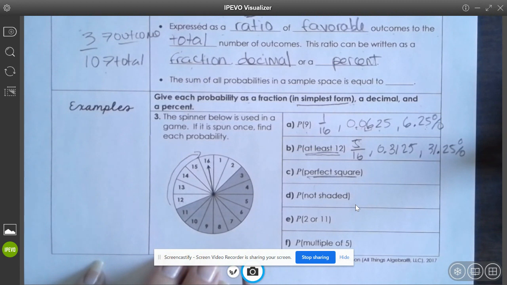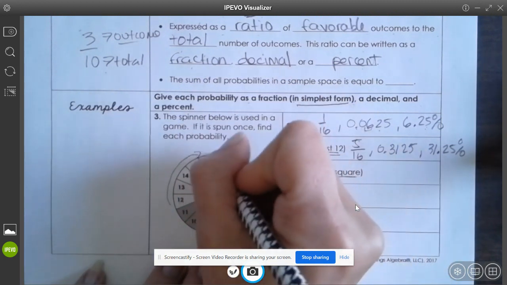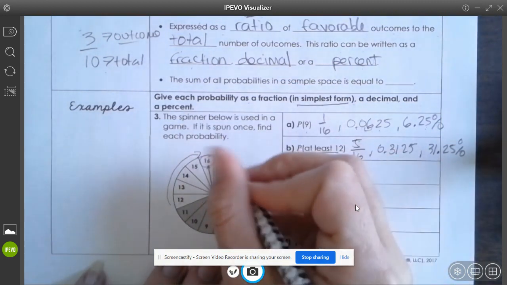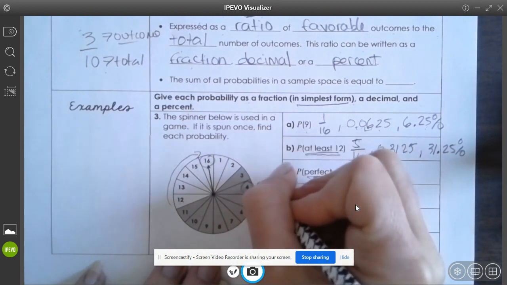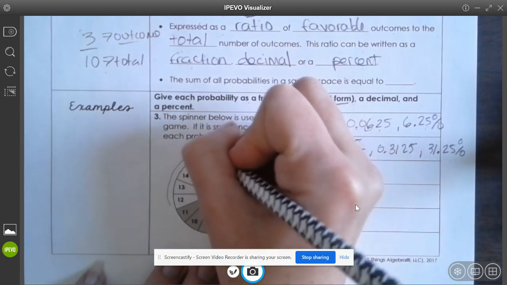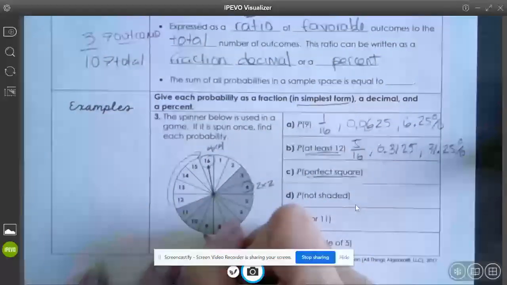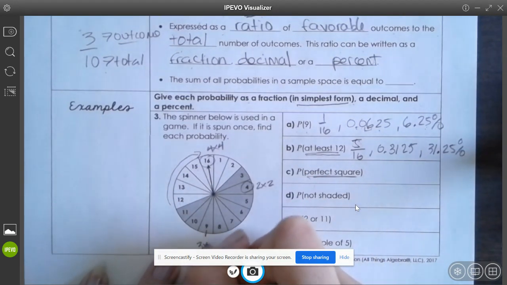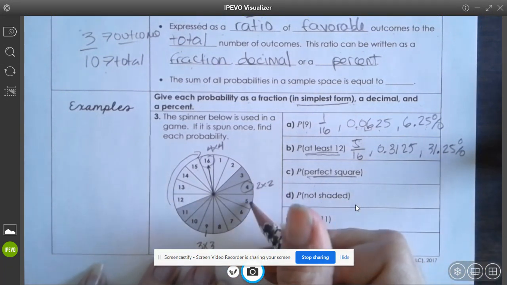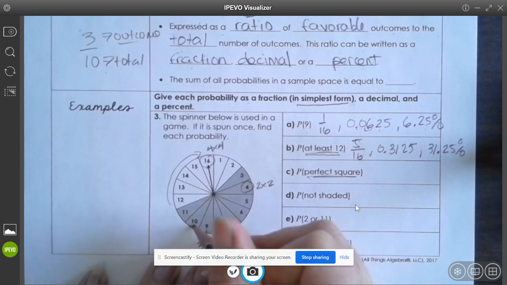All right, so what's the probability that you get a perfect square? So a perfect square would be this one, and this one, because 2 times 2 is 4, and 4 times 4 is 16. And this one, 3 times 3, so that's 3 of them. Let's see, what else you got?